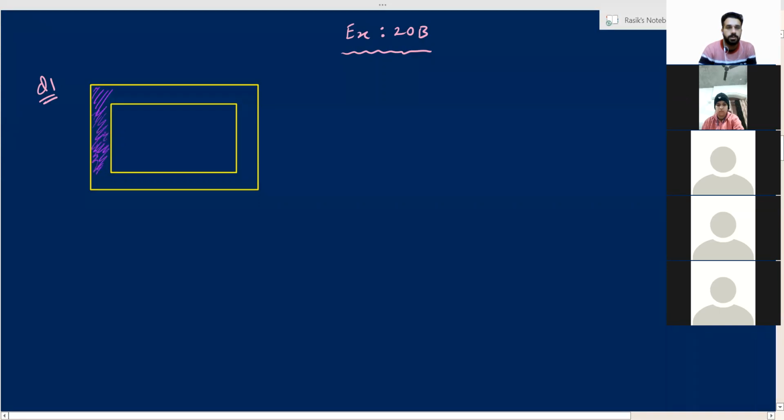This shaded portion is the path between the two rectangles. It's looking like a photo frame.